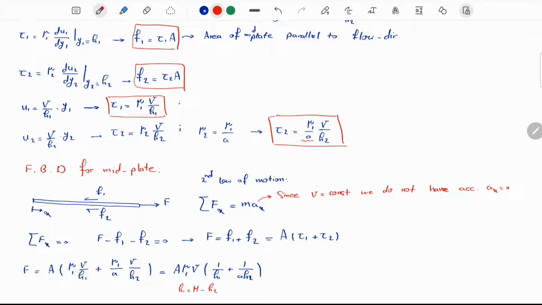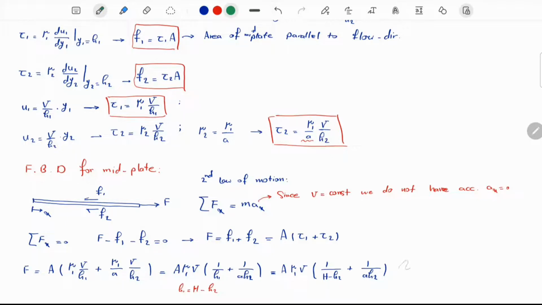Okay, we had the information about the problem. So we have A mu1 capital V multiplied by 1 over H minus H2 plus 1 over AH2.